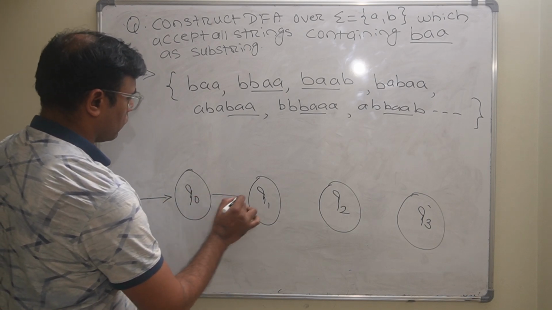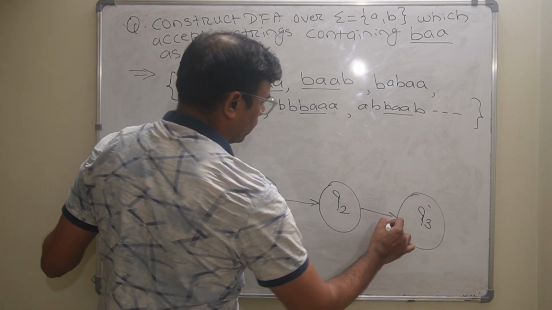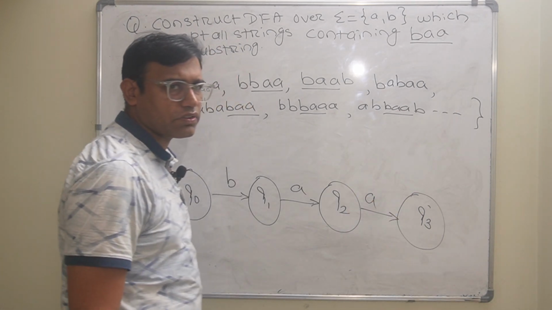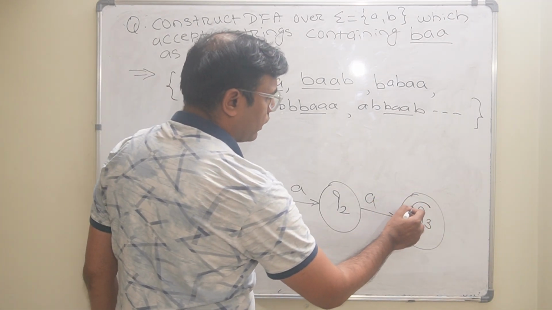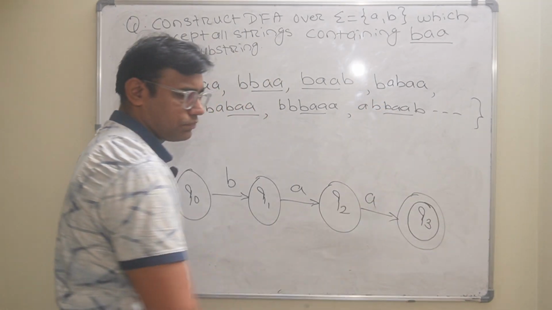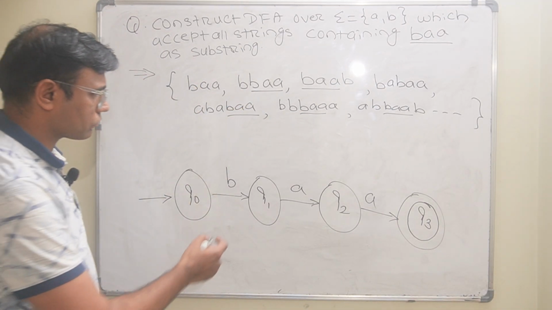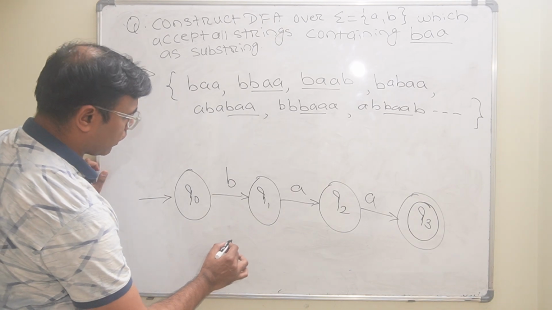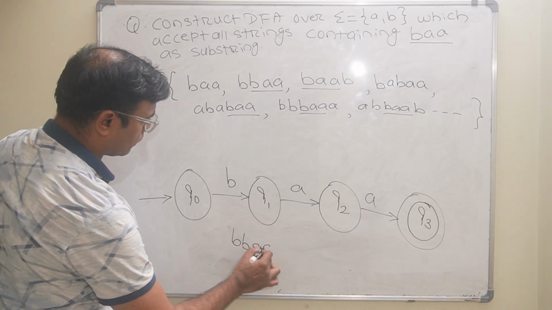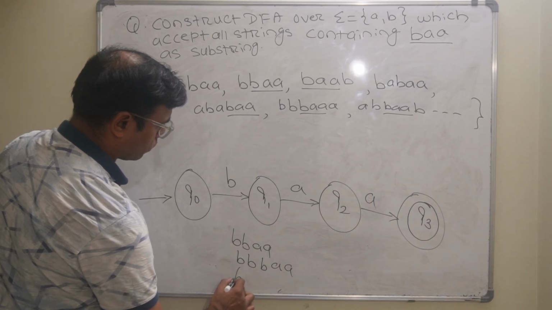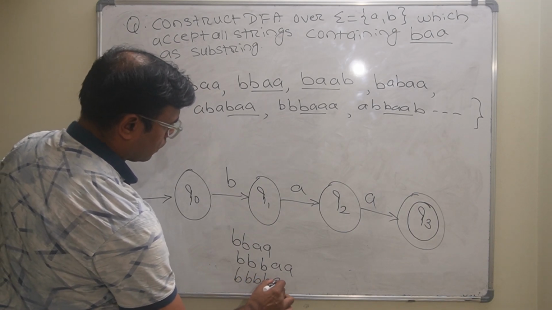Now for the first string BA. I will write here BA, the DFA accepts only one symbol at a time, and Q3 will be the final state. Then the next string is BBAA. The possible values can be BBAA, BBBAA, BBBBAA, any number of B and then AA.